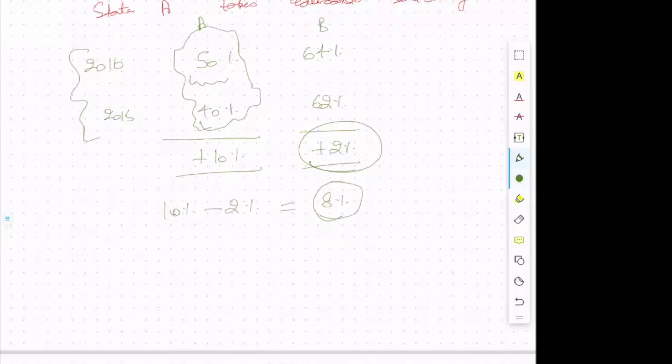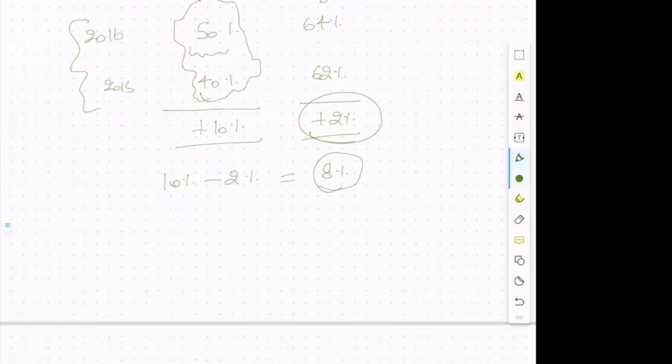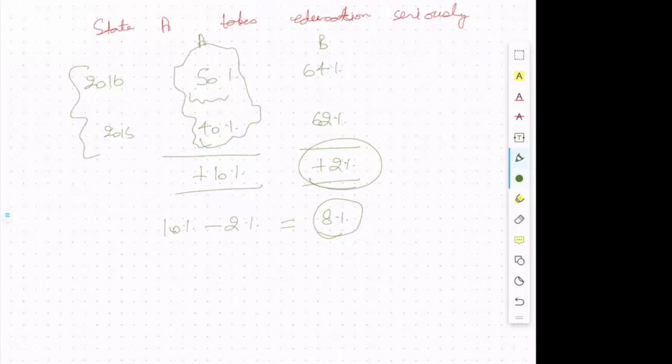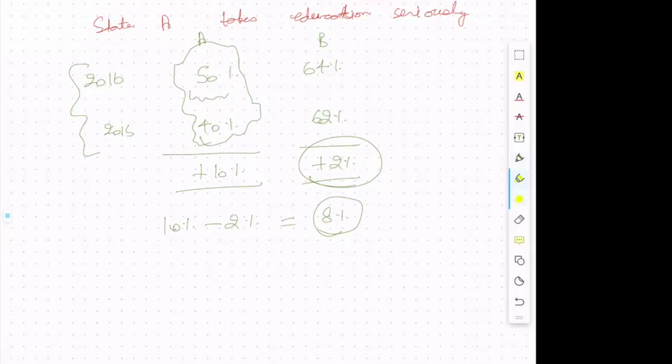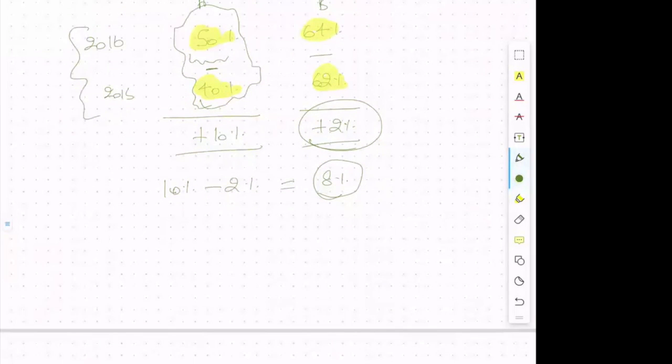So that is something we can do here, and we can compare how things are changing differently in state A as compared to state B. So this method is called difference in differences, because what we did here is first we took this difference, that is 50 minus 40, and we similarly took this difference, that is 64 minus 62, and then we took the difference of these two differences, which is here 10% minus 2%, which gives us this estimate, which is 8%. So this is exactly what difference in difference does.